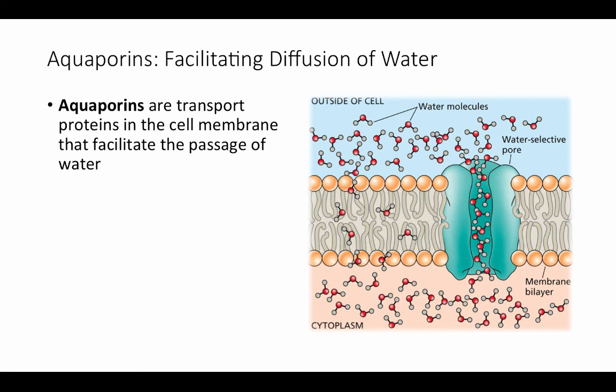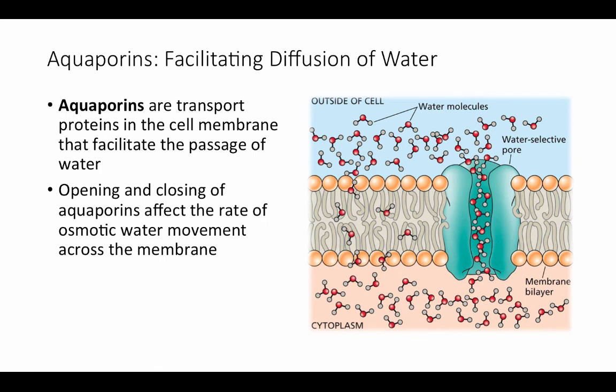So what we find in these plant cells are these channel proteins called aquaporins. These are transport proteins in the cell membrane that facilitate the passage of water and increase the rate. So the more open aquaporins there are in a cell, the faster the rate of water movement, and so the faster these cells will reach their equilibrium state when there's a water potential difference.